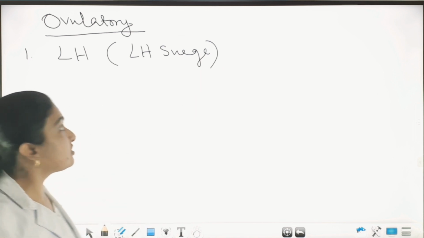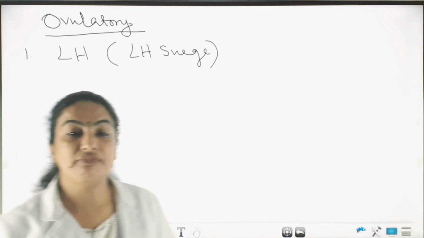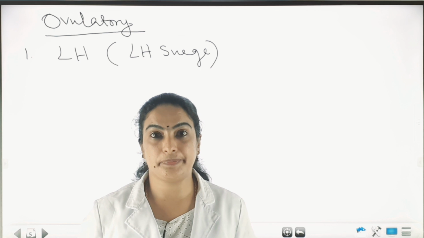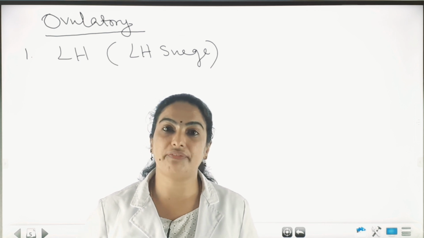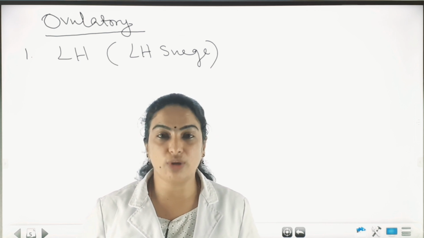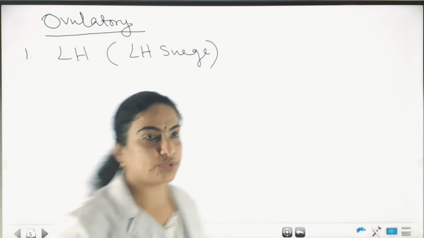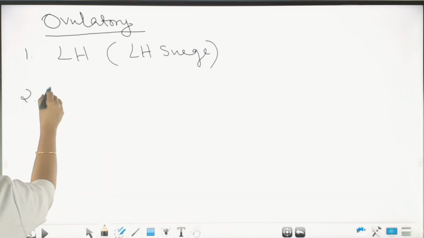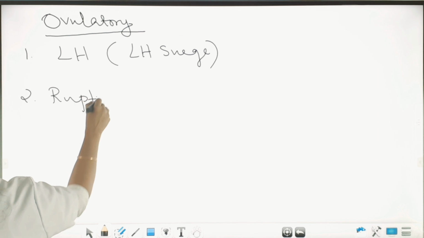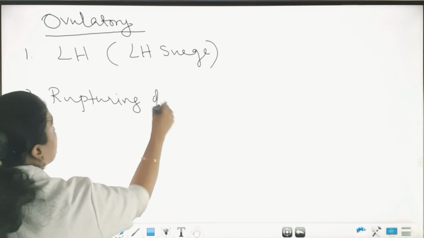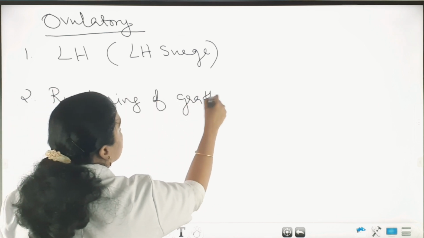Due to the LH surge, the Graafian follicle gets ruptured. By the rupturing of this Graafian follicle, the ovum or secondary oocyte is released. So the second step is the rupturing of Graafian follicle.